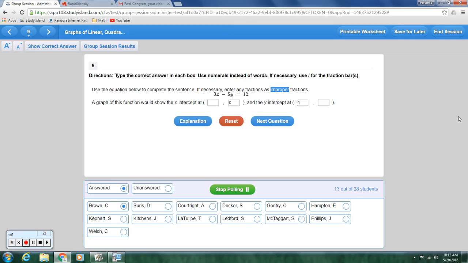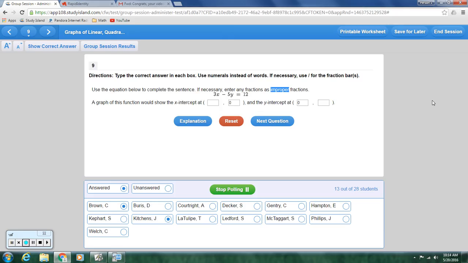2 different ways you can do it. Your choice. I prefer using the x and y intercepts, but that's just me. Use the x and y intercepts.